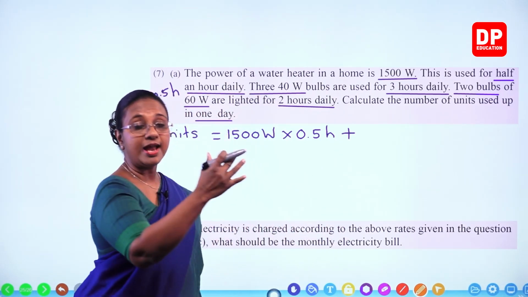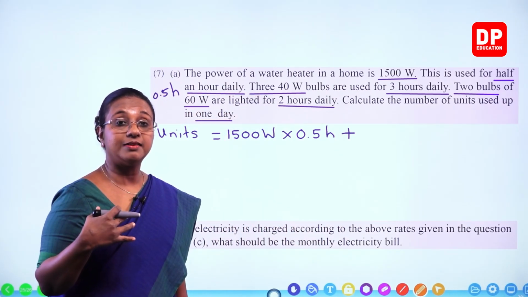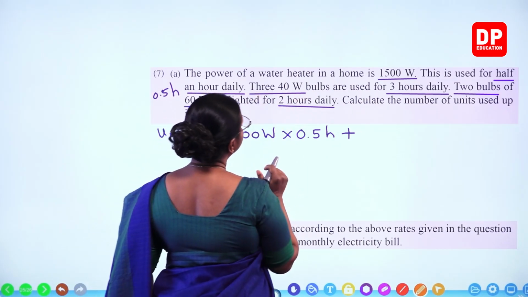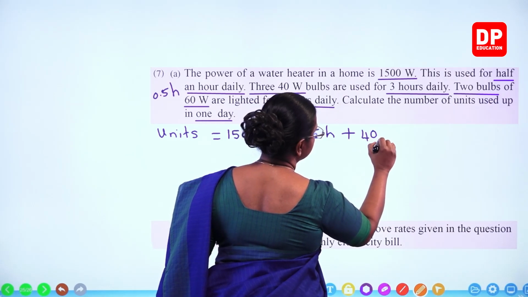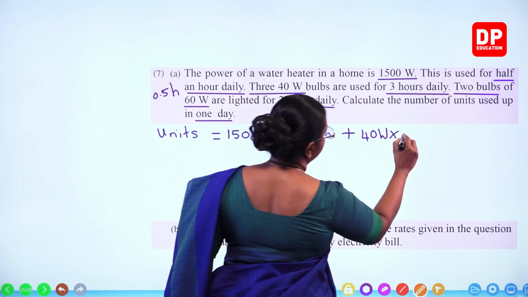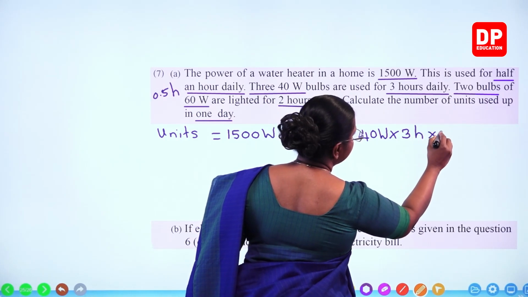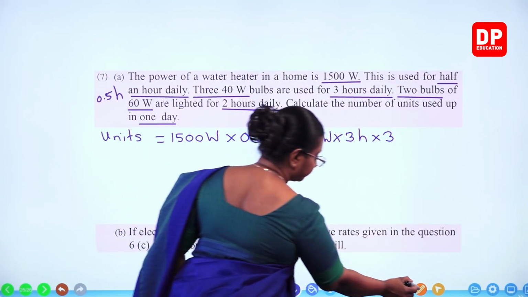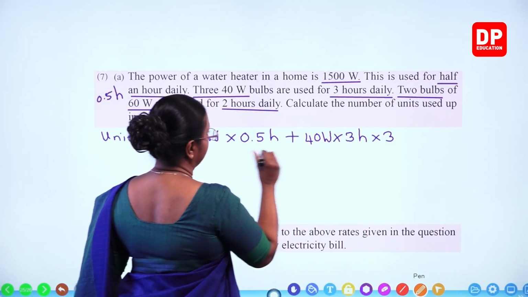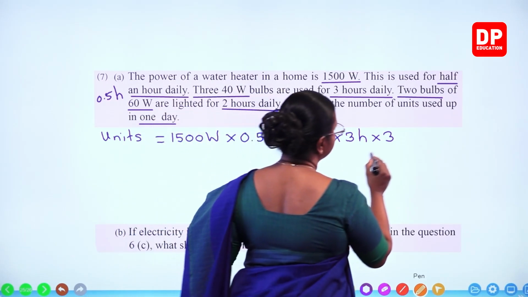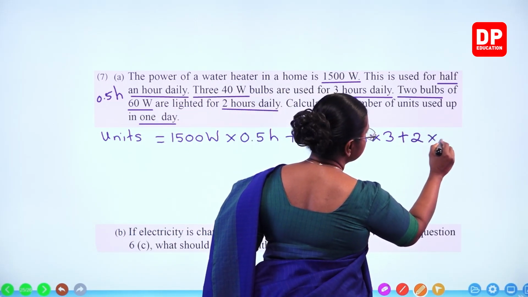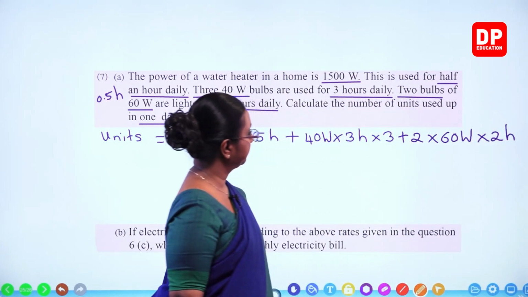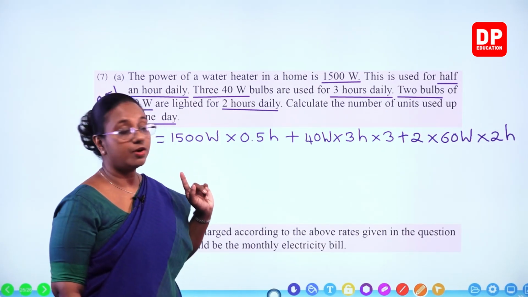Plus, because you have to add up the electric energy consumed by all the devices separately, then we have 3 bulbs, 40 watts, and they are used for 3 hours. Then we have 2 bulbs, 60 watts, lighted for 2 hours daily.